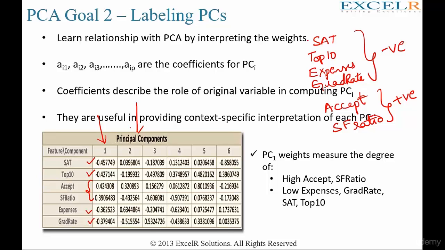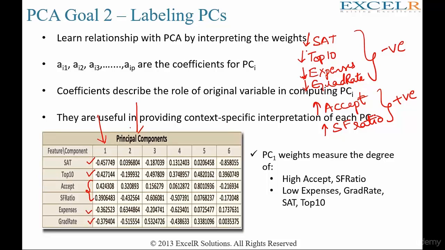that maybe the SAT score value is low, top 10 is less, expenses are low, and graduation rate is low. So these are having less influence on your principal component score. Acceptance ratio and student faculty ratio are having high influence. So what kind of universities have this kind of behavior?